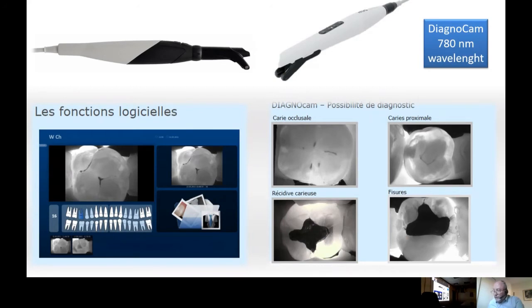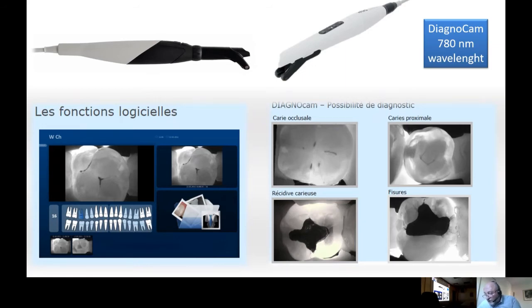DIAGNOcam used a near-infrared transillumination to illuminate the teeth and capture real-time image. Longer wavelength reduce light scattering and the beam penetrate further into the tooth. The reliability of this technique has been widely documented and found to be effective for early carious lesions detection, especially in a proximal surface.